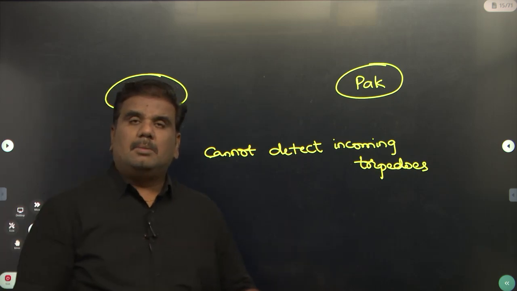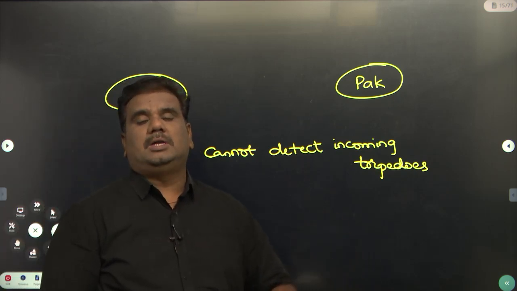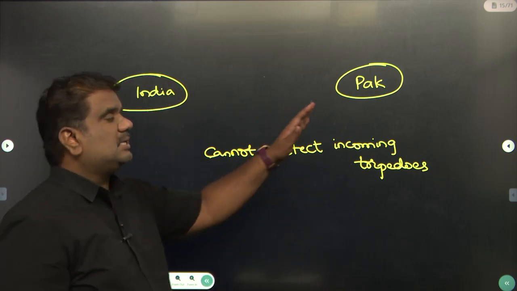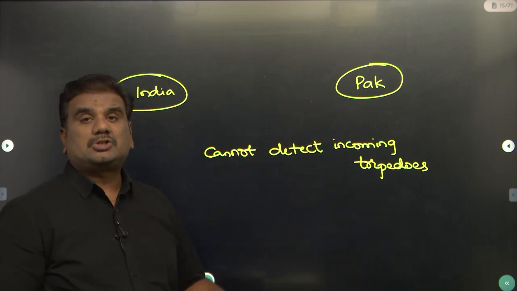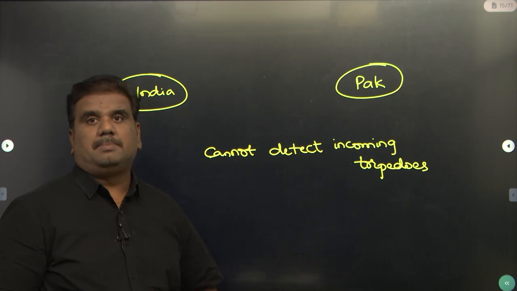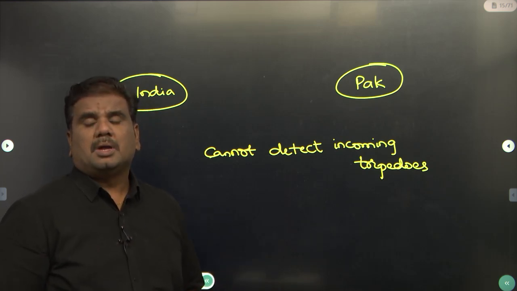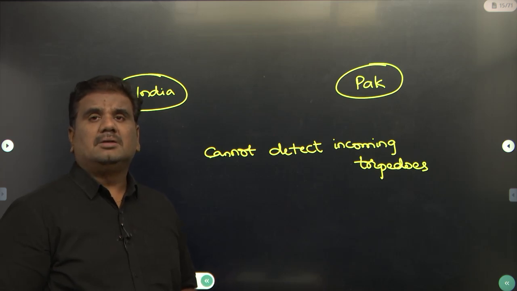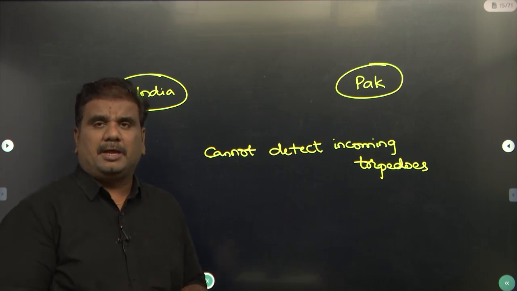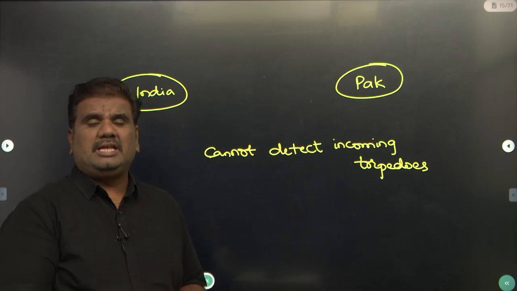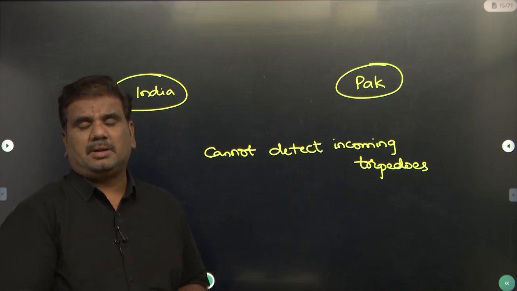In that movie, it was shown very clearly that the Pakistani submarine, which tried to destroy the Indian submarine, releases the torpedoes. But the Indian submarine just keeps on escaping the torpedoes released by the Pakistani submarine.